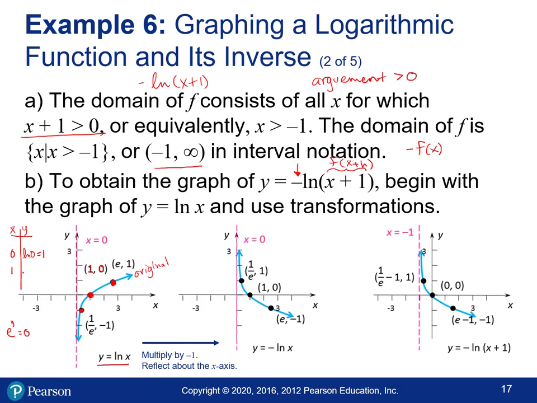So instead, what I want to do for x is pick e. So if I say natural log of e, that means e to what power equals itself. And so that has to be the power of 1. And so that point is (e, 1). And I can do that with other values for x as well.